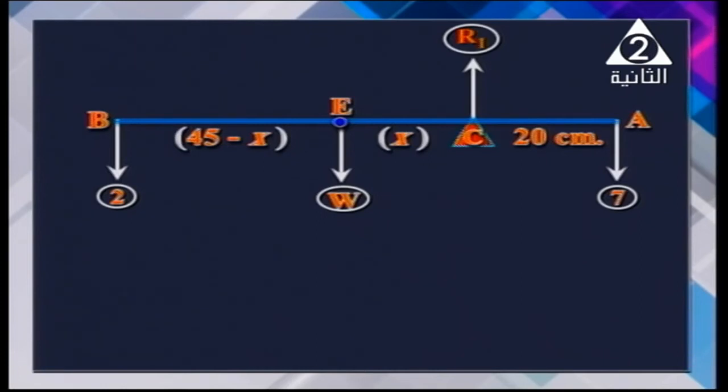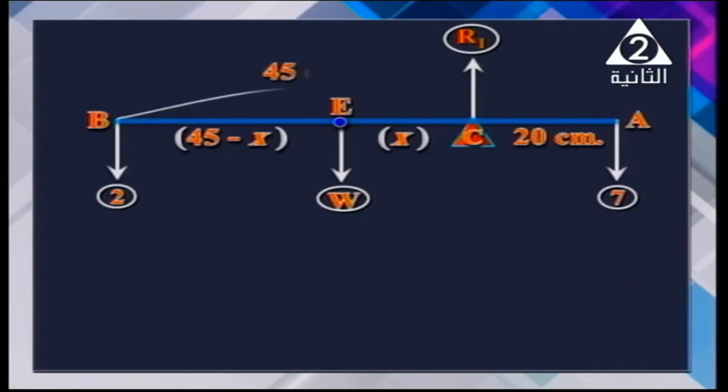My dear student, look at, we have weight 7 acting at A, weight 2 at B, and W, the symbol of the weight of the rod AB, acting at E, suppose at a distance X from C. Support at C has reaction R1, or pressure R1.